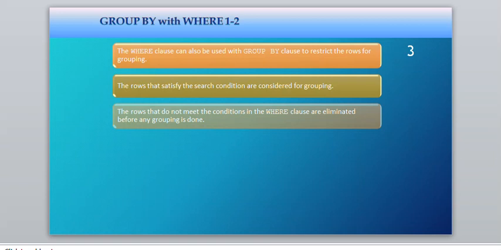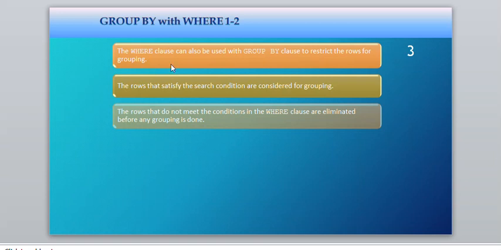The third line says the rows that do not meet the condition in the where clause are eliminated before any grouping is done. Simple. It explains the second point: it filters out the unwanted rows, gives you the rows you want, and applies grouping on that data.